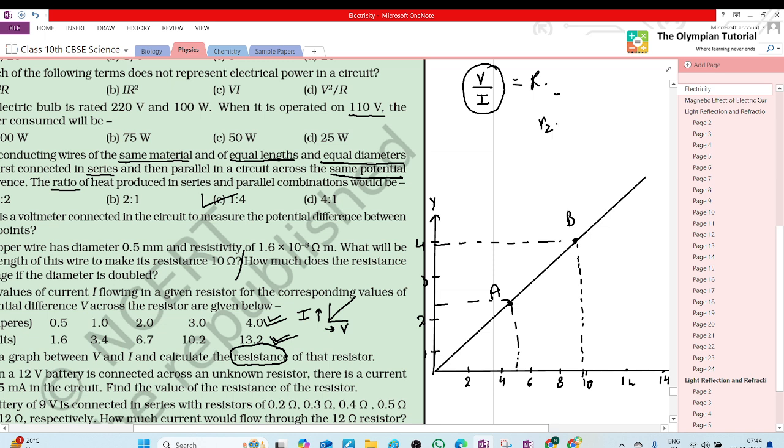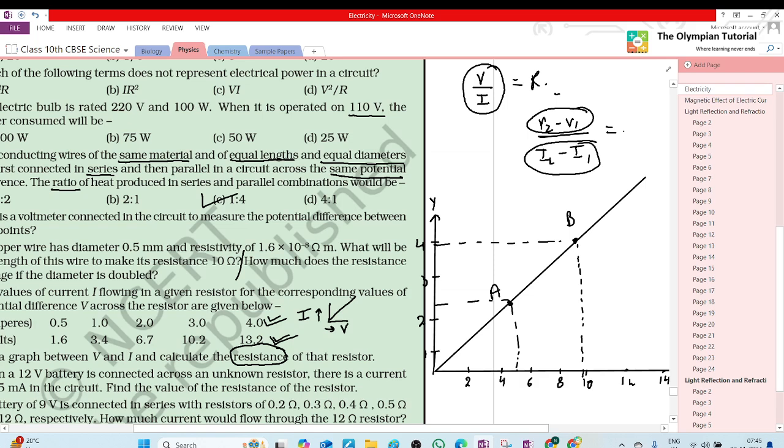V2 minus V1 upon I2 minus I1. Are you getting? Take any 2 points of this graph, subtract their potential difference and as well as their current. This will give you the resistance of that resistor.